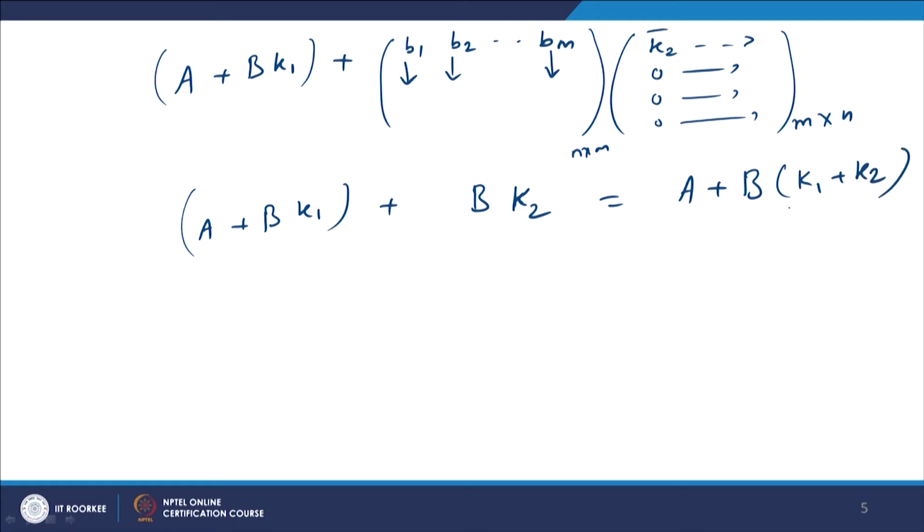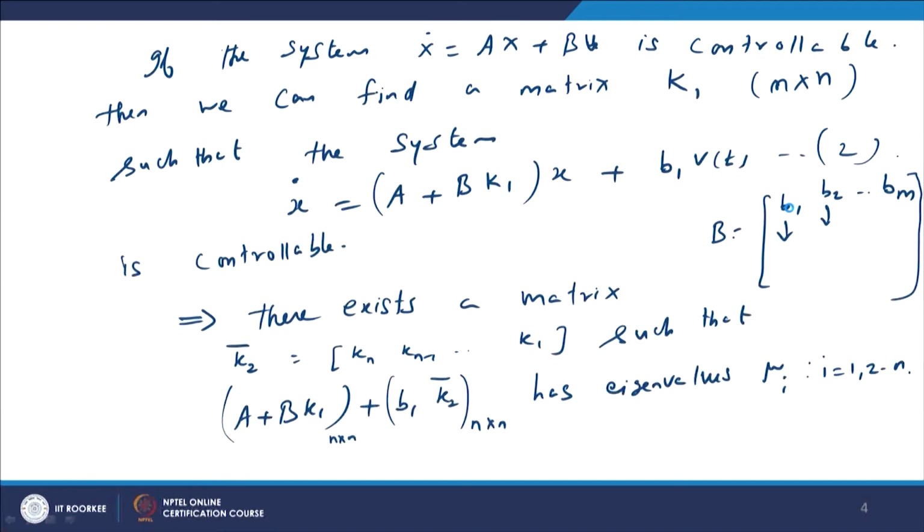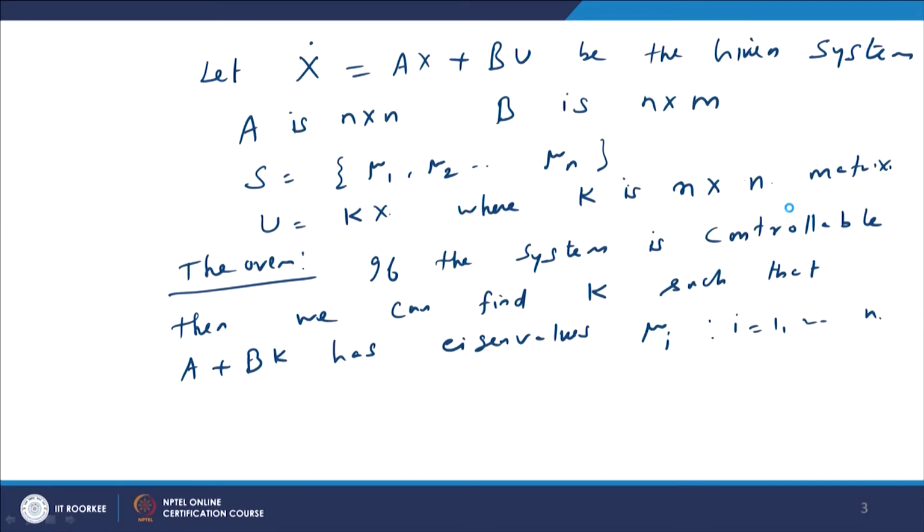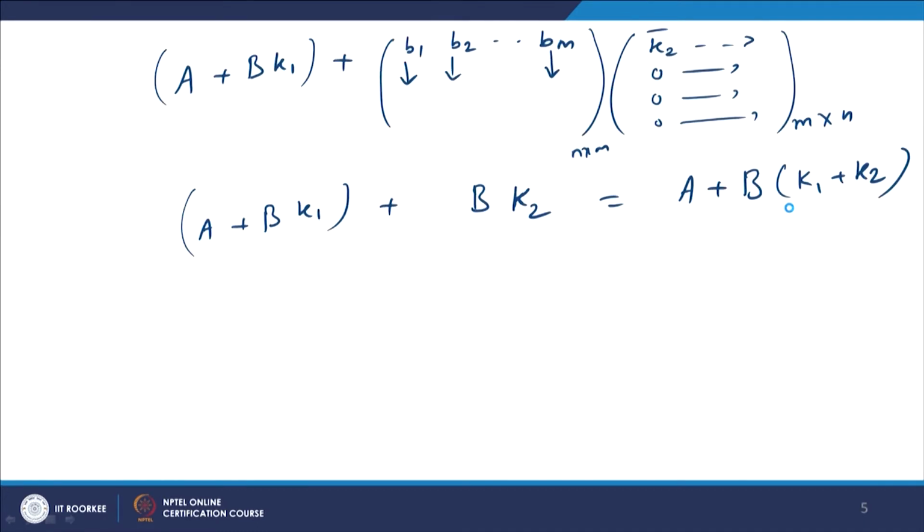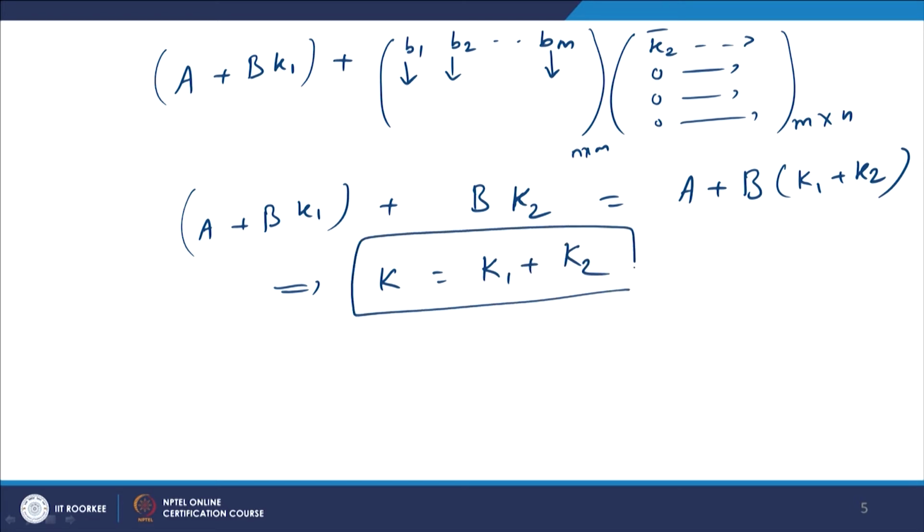So, this K1 plus K2 is the required matrix K. It is in the form A plus BK. So, capital K equal to K1 plus K2 is the required feedback matrix.